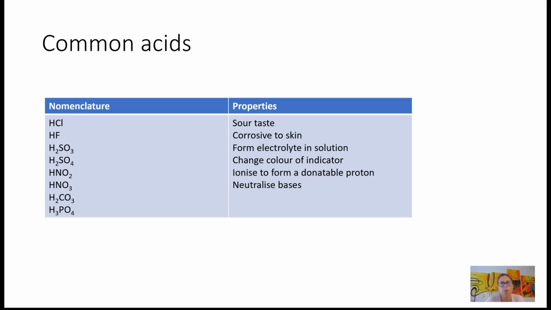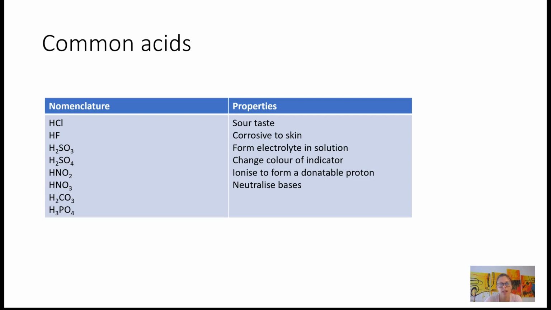So we're looking at the nomenclature. That's the naming system that we use to name our compounds. Now, the system that we are using is the IUPAC system, which is the International Union of Pure and Applied Chemistry. And we use that to reduce any ambiguity between any international countries and so forth.